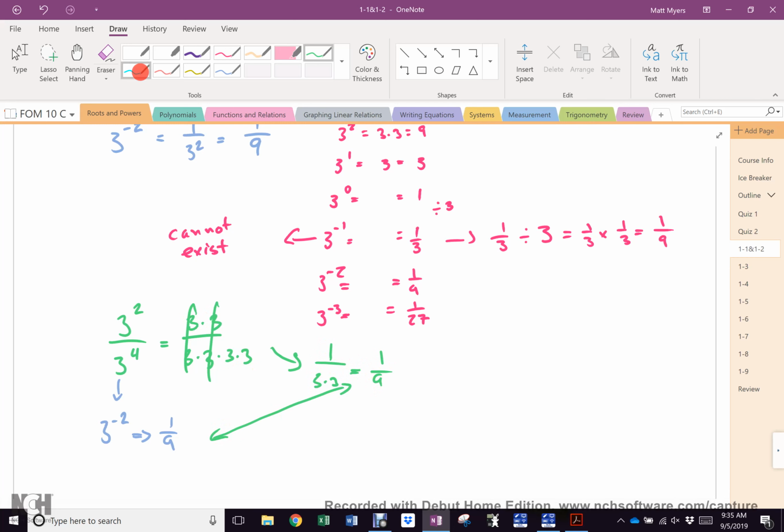So now I'm going to give you the toughest question I can give you right now. 3a to the 4th b squared, all to the negative 2.